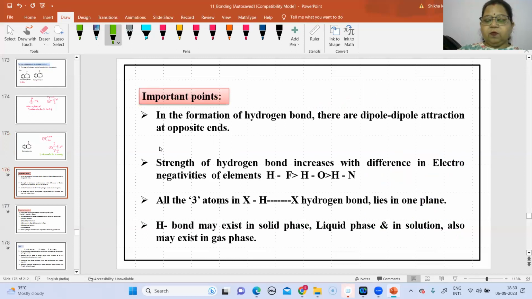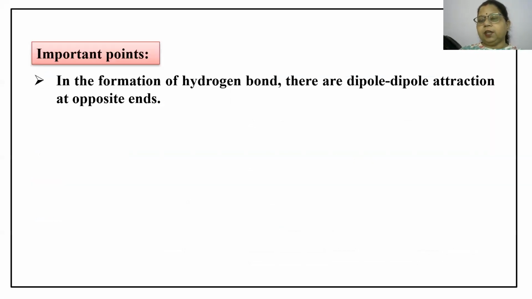Okay, let's take them one by one, whatever are most important. We can say they are formed due to the dipole-dipole interaction. Remember, have we discussed the Fajans rule?